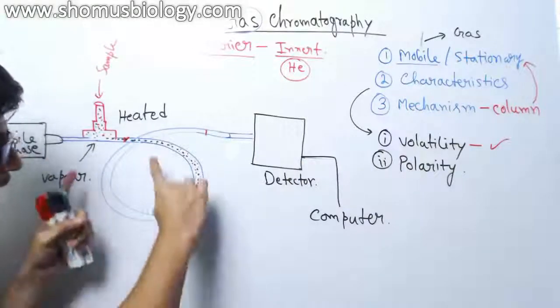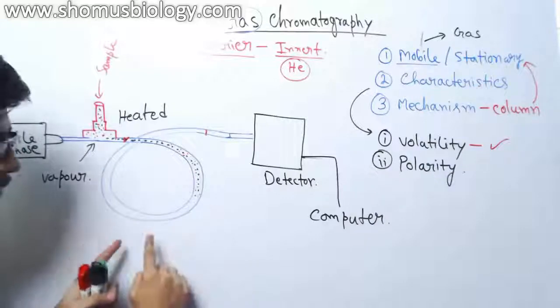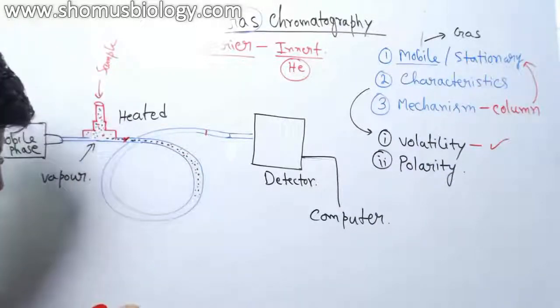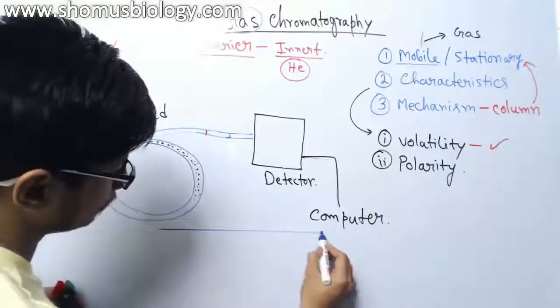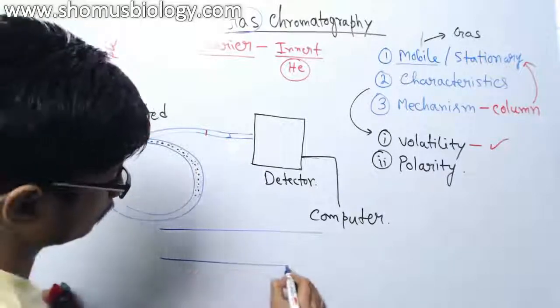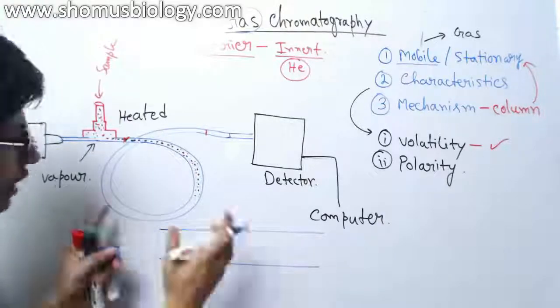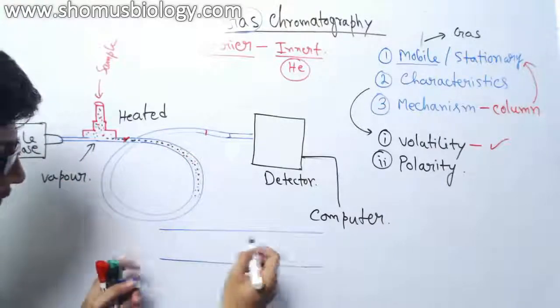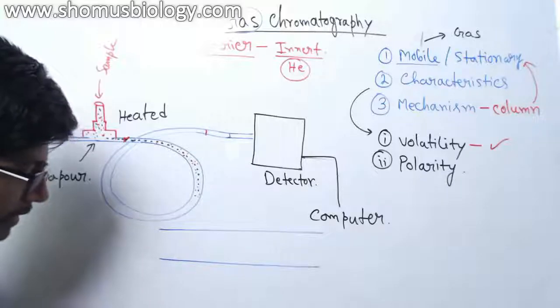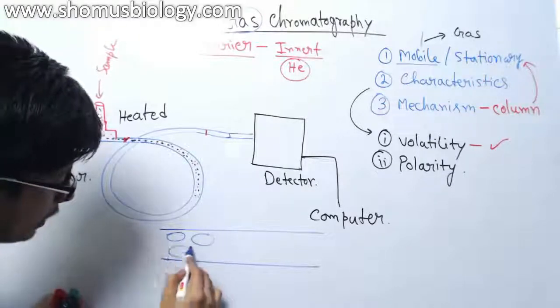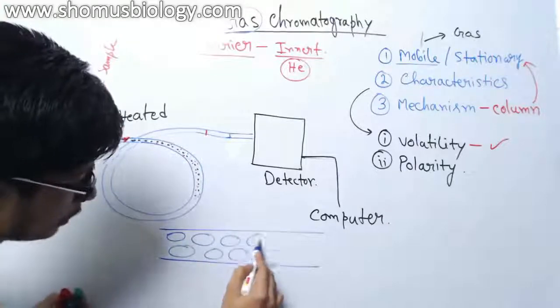So what actually happens in this area? Let me zoom in a little bit. Let's say this is the tube, and this is a portion of the stationary phase that I zoom in on. In the stationary phase, as I told you, we have all those liquid ingredients. Let's say these are the different liquid stationary phase components that are packed.